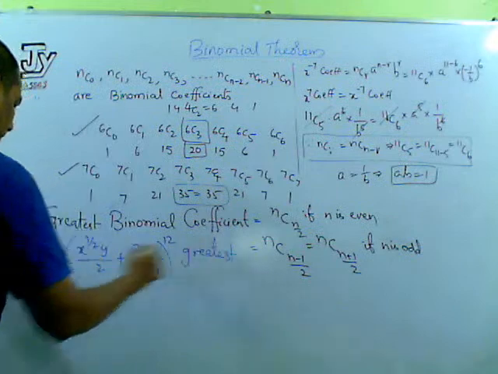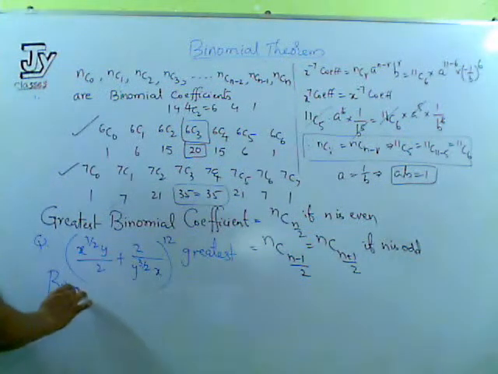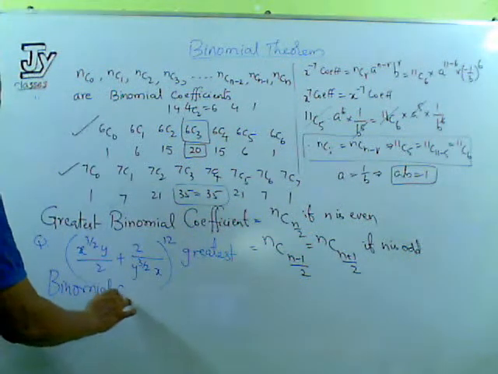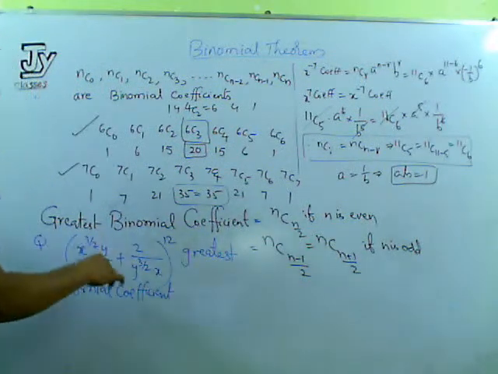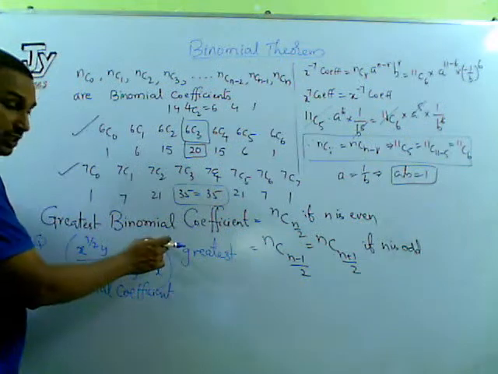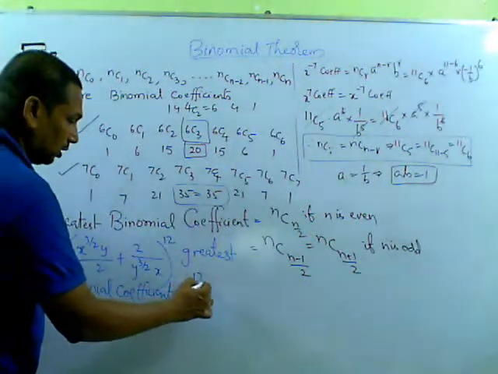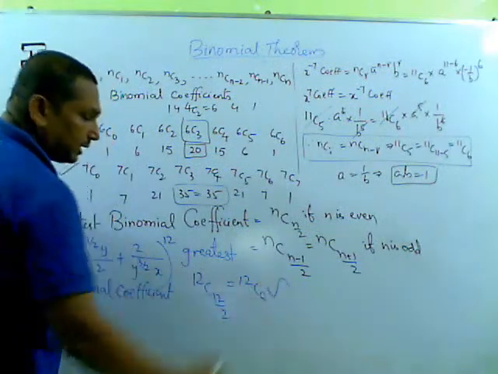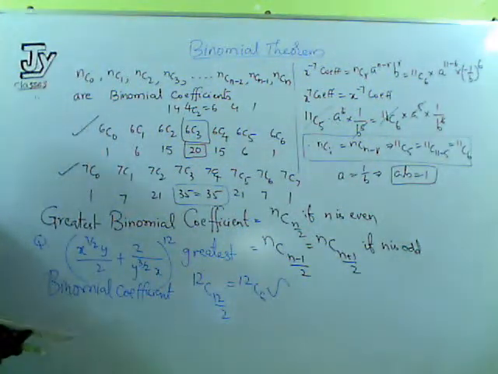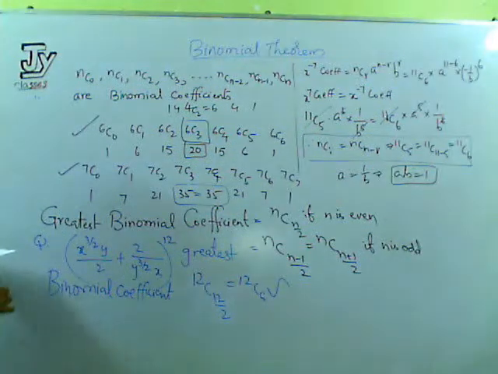Greatest binomial coefficient. No need to think about the expansion. Simply we can look at whether the power is even or odd. Even. So 12C(12 by 2), that is 12C6. That is the greatest binomial coefficient. That is the 14th question in the worksheet.